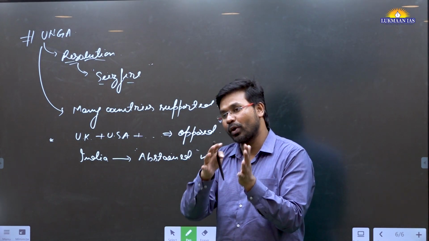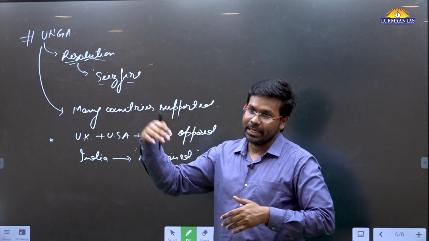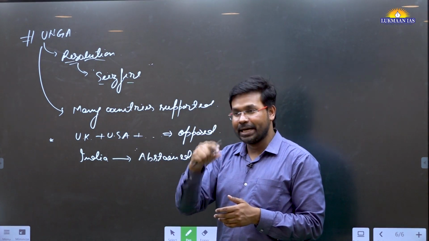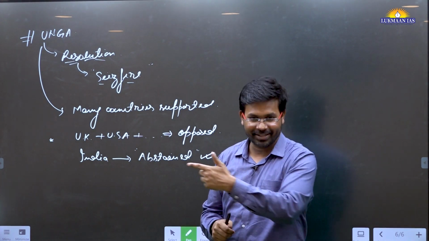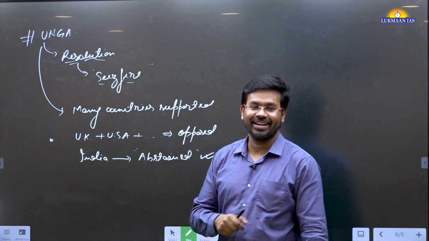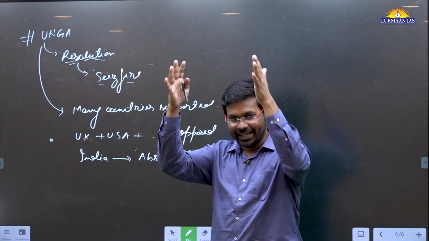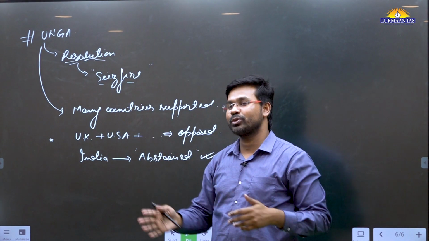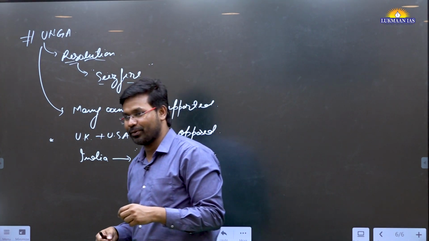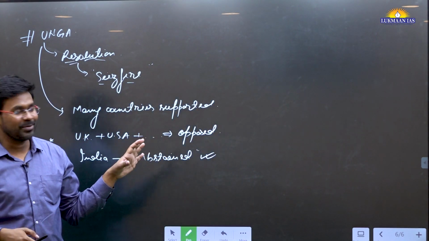India has posted one of its ambassadors in the Gaza Strip. That ambassador has written an article in The Hindu today. He talked about his landlord, meaning where he used to stay. That building was also demolished by Israeli forces.